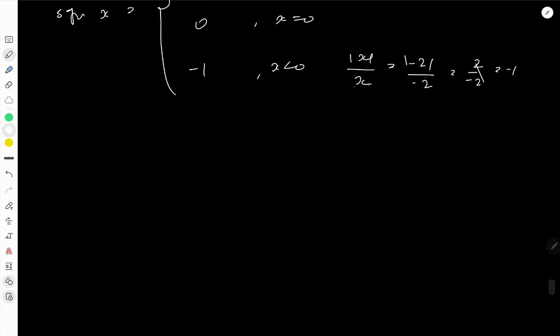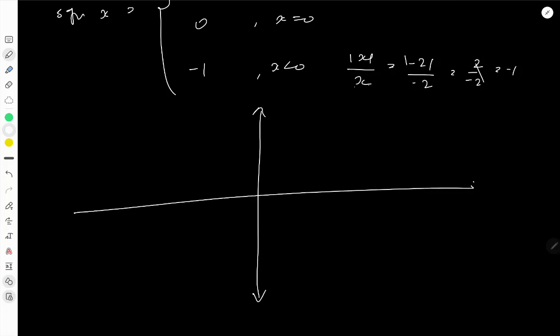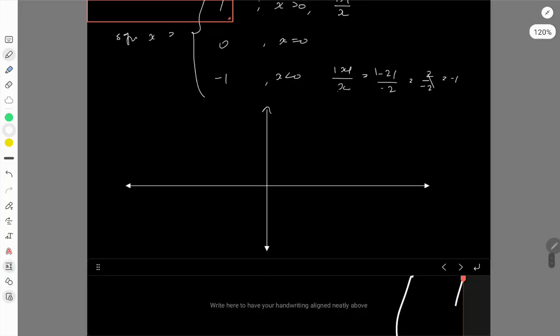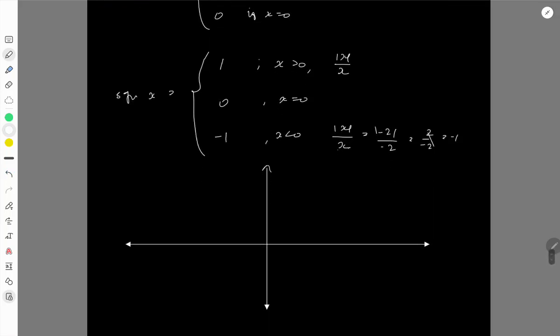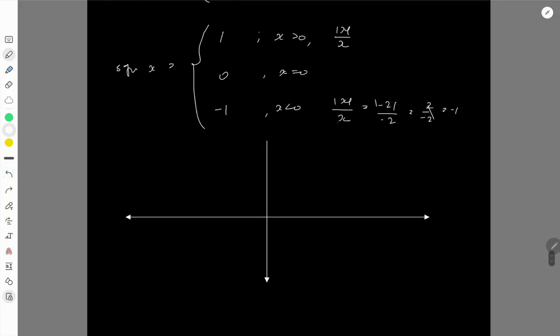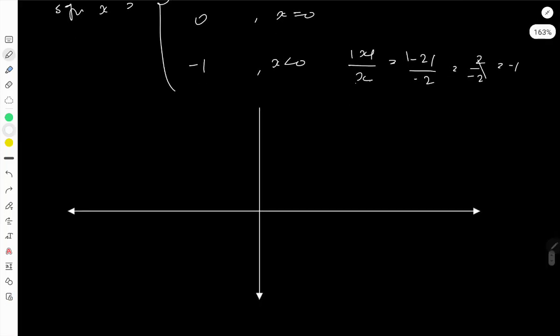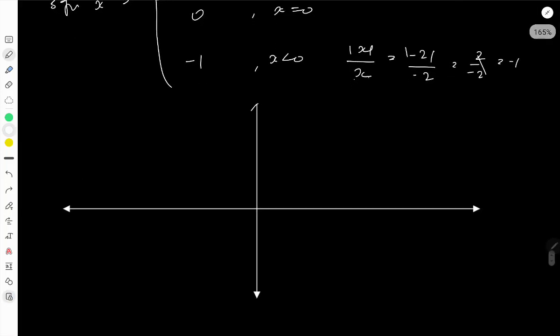This is one of the easiest graphs in the whole of the functions except for the modulus. So this is the x-axis, this is the y-axis, and the graph goes like this.